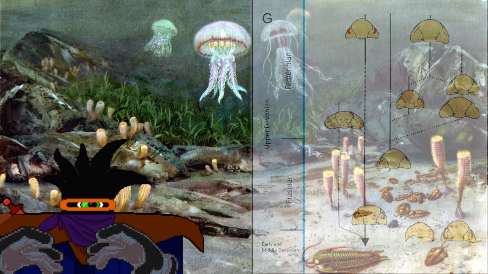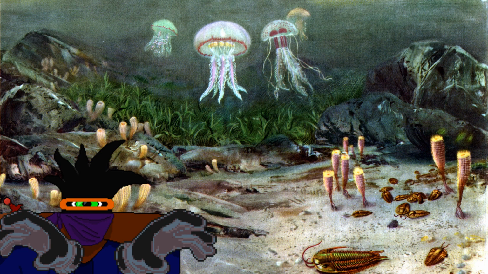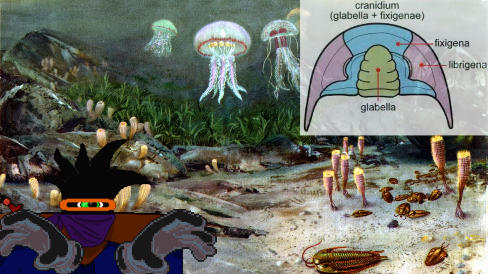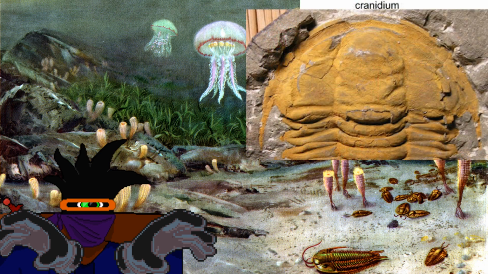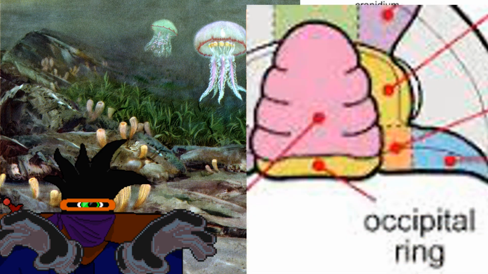eyes over time. Moving on from the eyes to the rest of the head, while not as famous or as well documented, it is similarly complex and diverse. First, there is the glabella, which is believed to have been where the mouth/anterior digestive system was located. Behind that is the occipital ring.